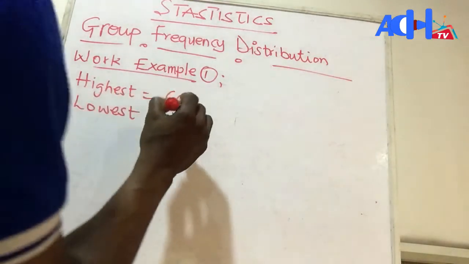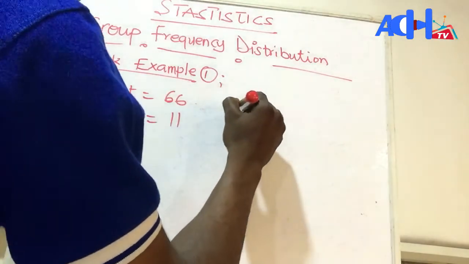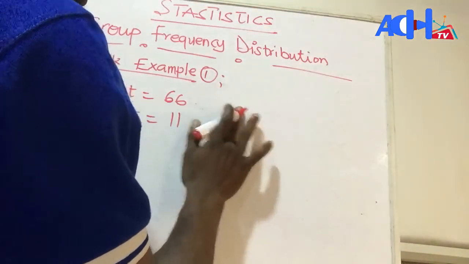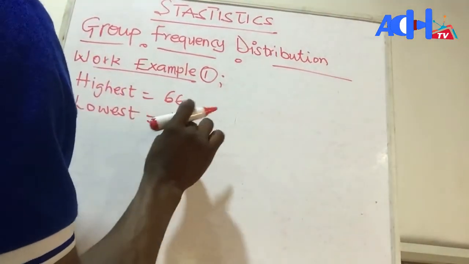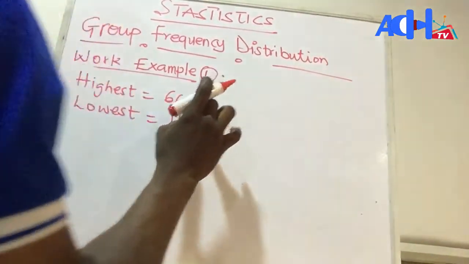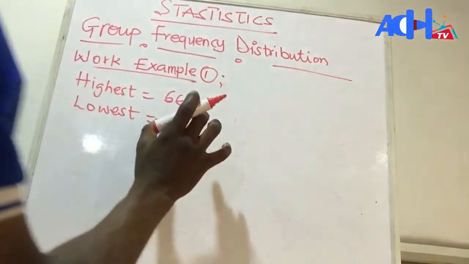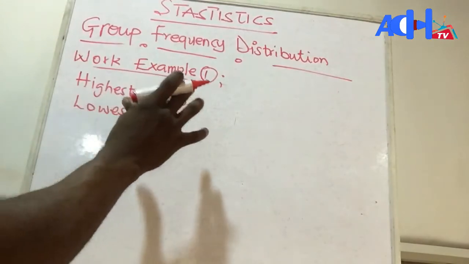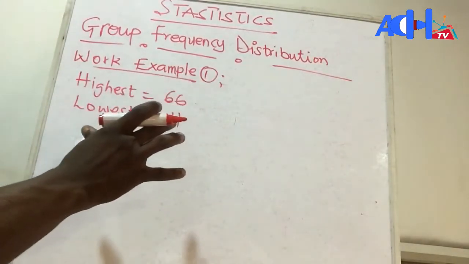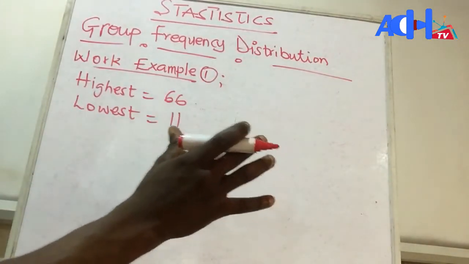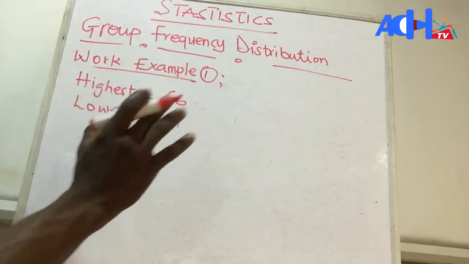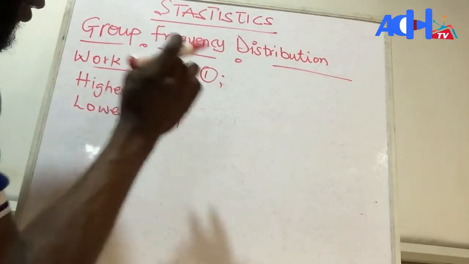So when you divide, if you want to know the number of classes you are going to arrange, that is when we do the division.